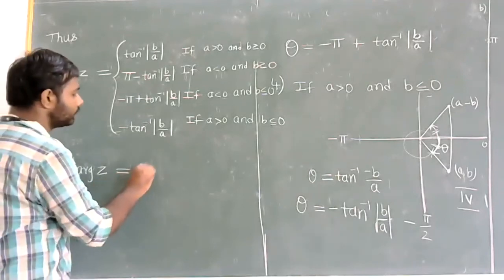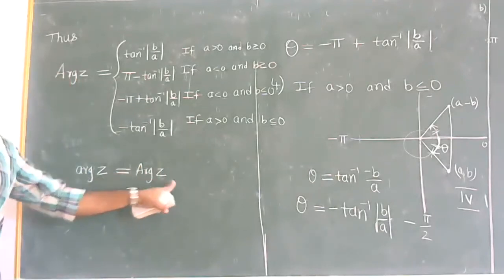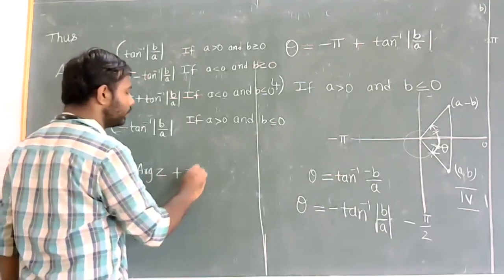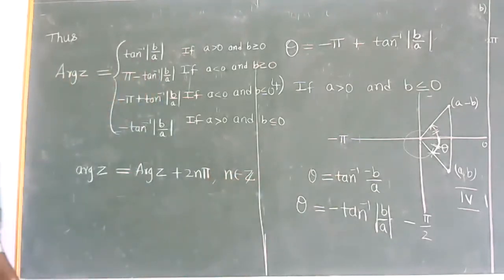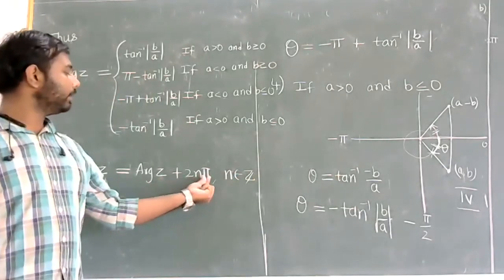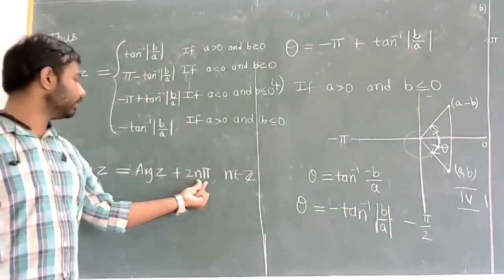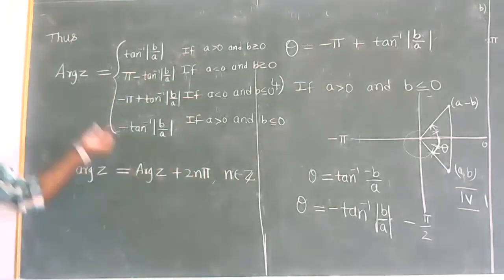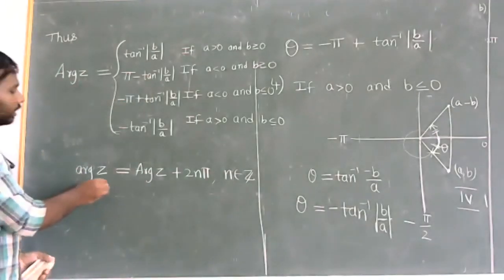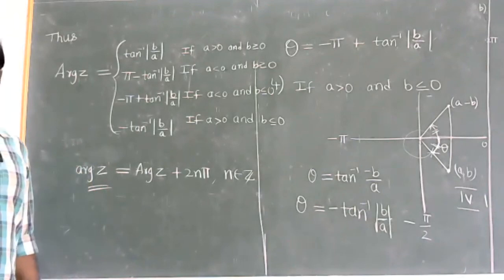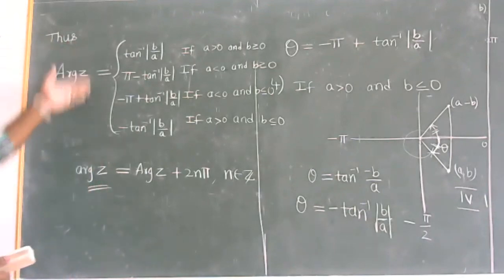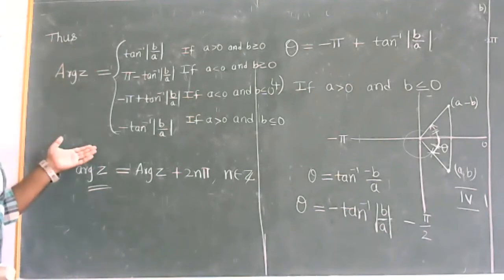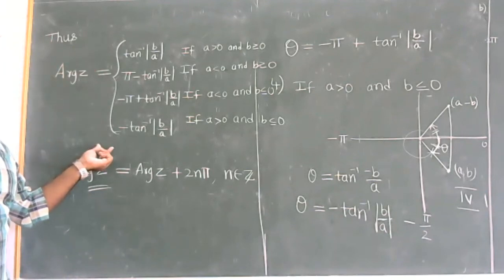So the argument of Z is the principal argument of Z plus 2n pi, where n varies over integers. So if you add even multiples of pi to the principal value, you will get all the argument values. So this is the formula for calculating the argument of Z.